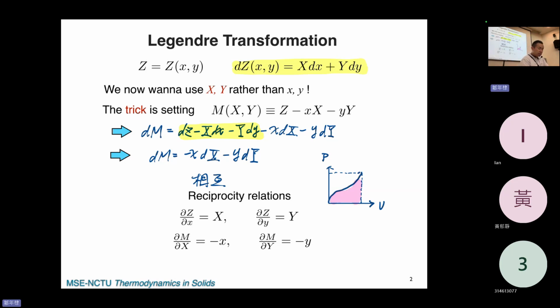But actually you can see it the other way: you see the change of the pressure and how the volume changes. So basically you see the same thing in different approaches. This is very similar to a sort of reciprocity relationship.